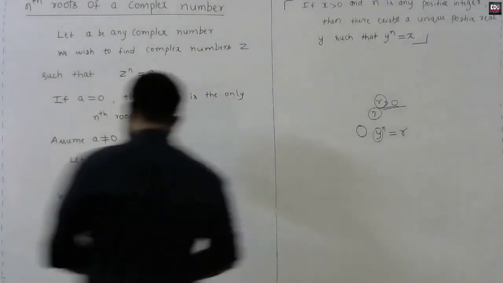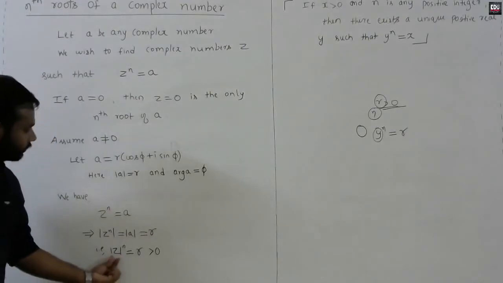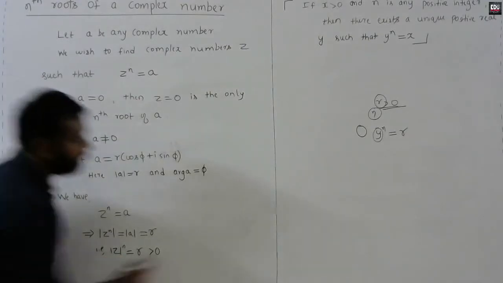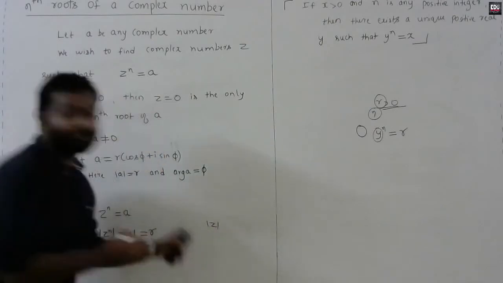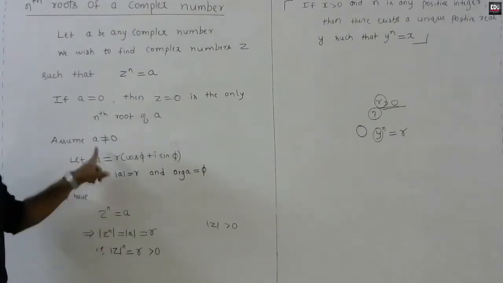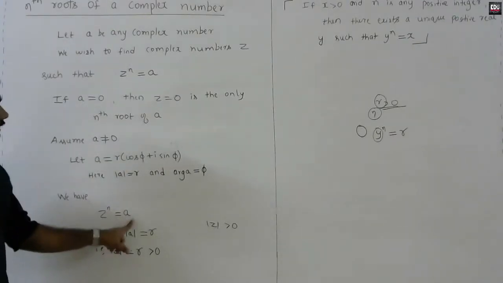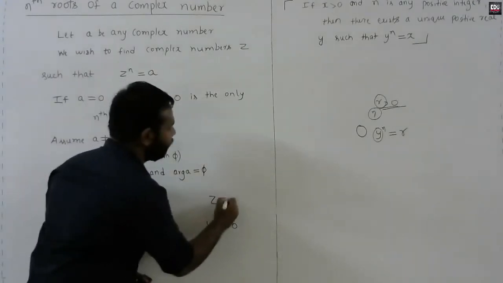But here this equation says that the modulus of z is that positive real number, because a is non-zero and z has to satisfy z power n equals a. So z has to be non-zero.